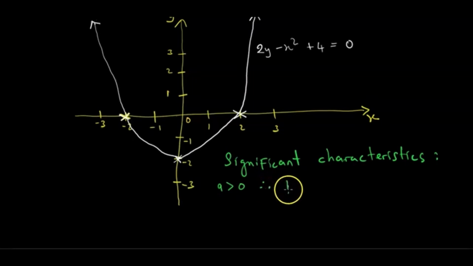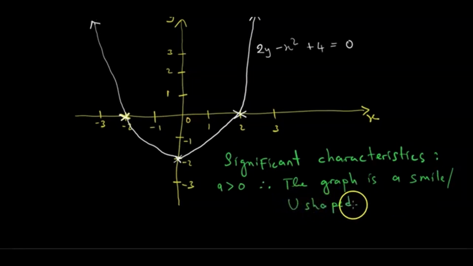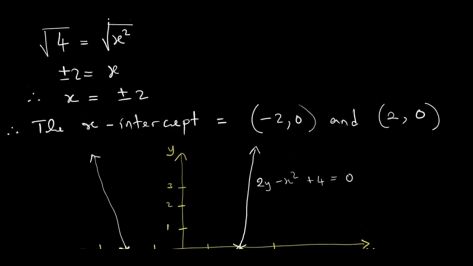This means the graph is a smile, as you can see, or we can call it U-shaped. So a is greater than 0 simply means a is positive.